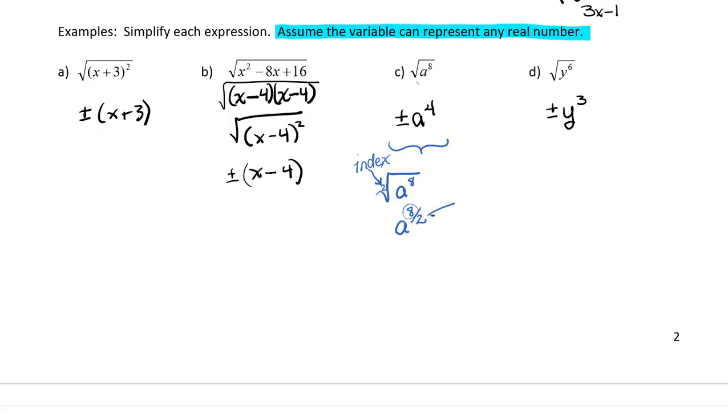Since it's an even index, we can assume that there could have been a plus or minus value or number squared to get the a to the 8th. So then we reduce the fraction to 4. This will work for all of these because they're all even indexes. If there's no number in the radical, you assume it's a 2.